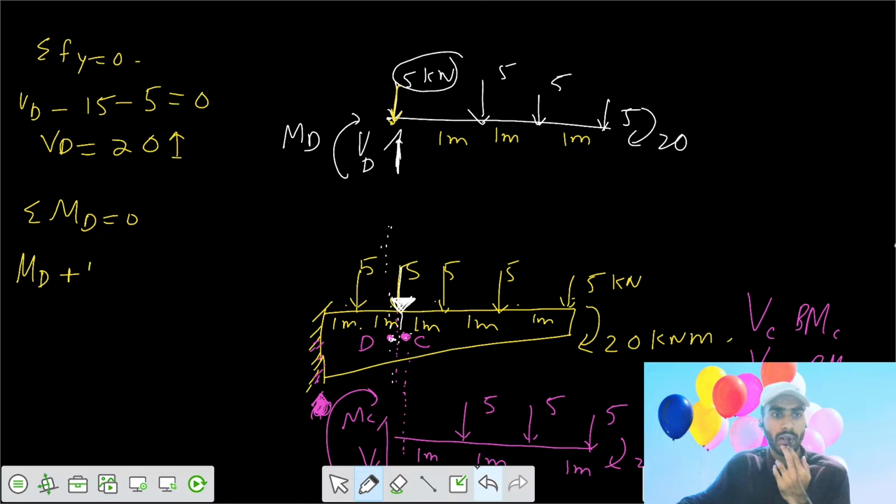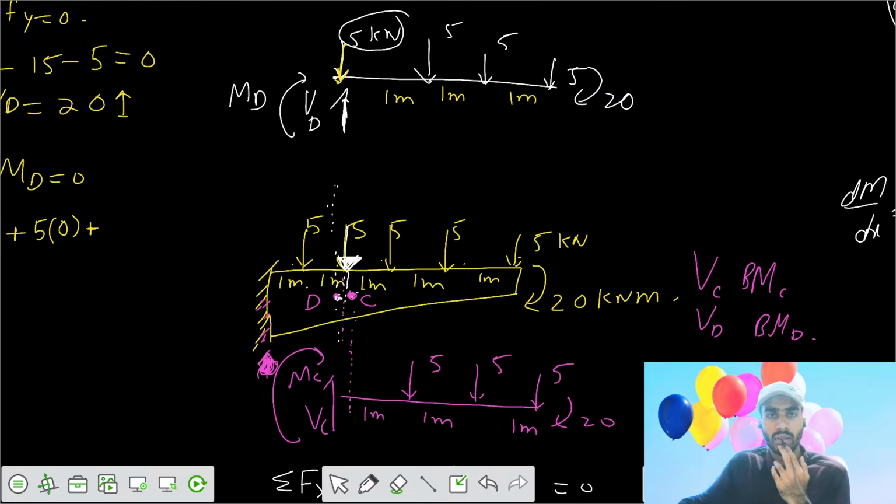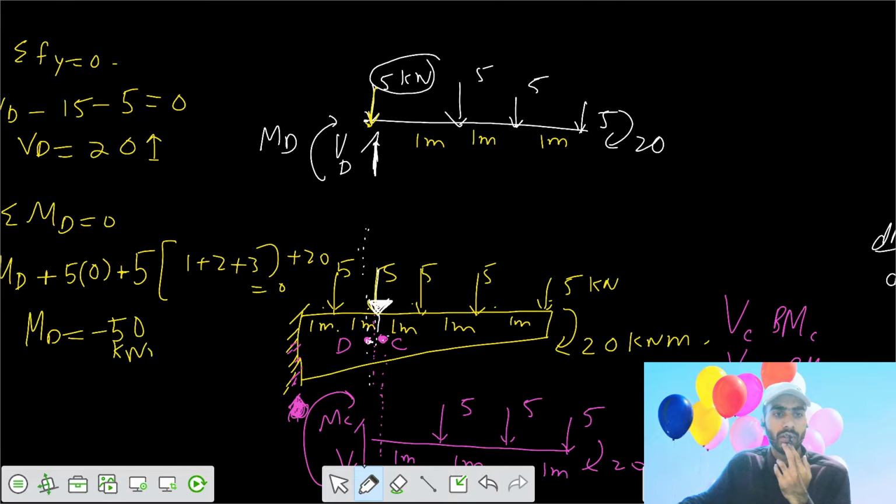So we can write 5 into 0 plus the extra part which we already calculated, the same effect of 5 into 1 plus 2 plus 3, plus 20 equals 0. So your moment at D is also minus 50 kilonewton meter.